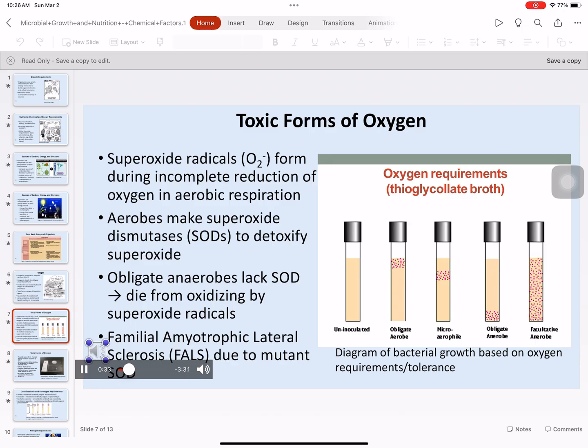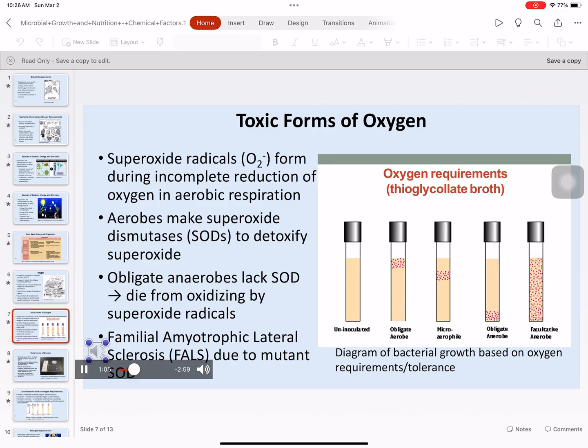So no oxygen, nothing can be done with those protons that we made through running reduced electron carriers like FADH2 and NADH through the electron transport chain.